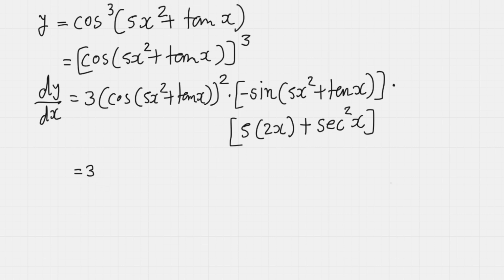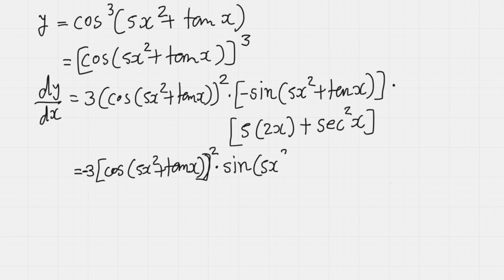Just let us simplify this. So it would be 3 (cos(5x² + tan x)) whole square, times this minus sign we can write in front of 3, so minus 3 times sin(5x² + tan x) times 5 times 2 is 10, so (10x + sec² x).